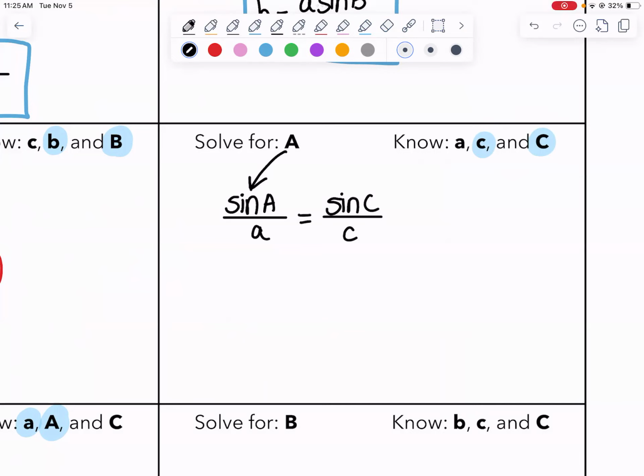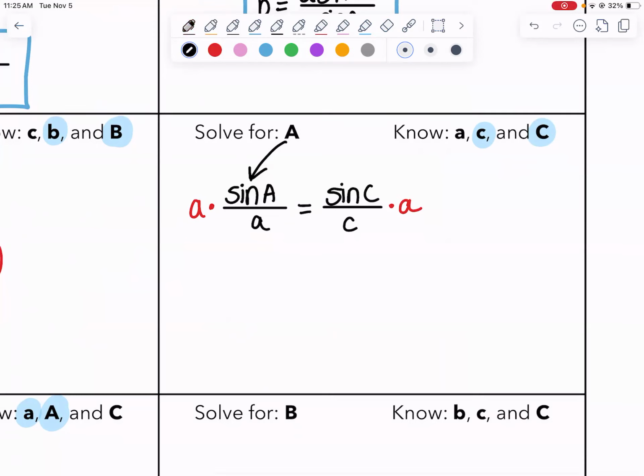I want to get sine of angle A by itself. I will multiply both sides by A. Boom, boom.